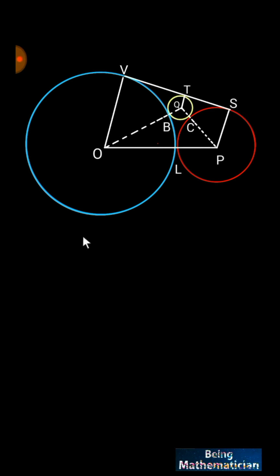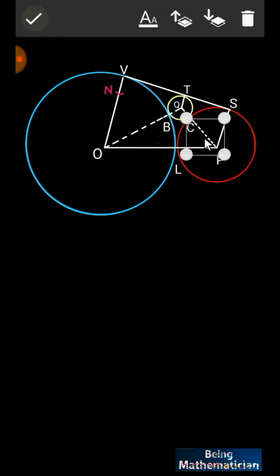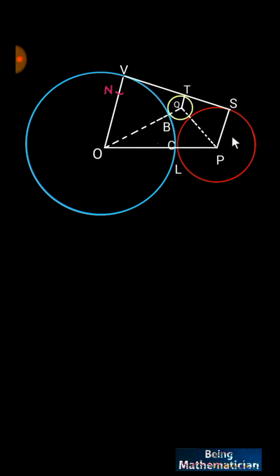Now, same as before, we have to cut the equal length of TQ from VO, and let it be N, and TQ from SP, let it be M. Now join NQM.